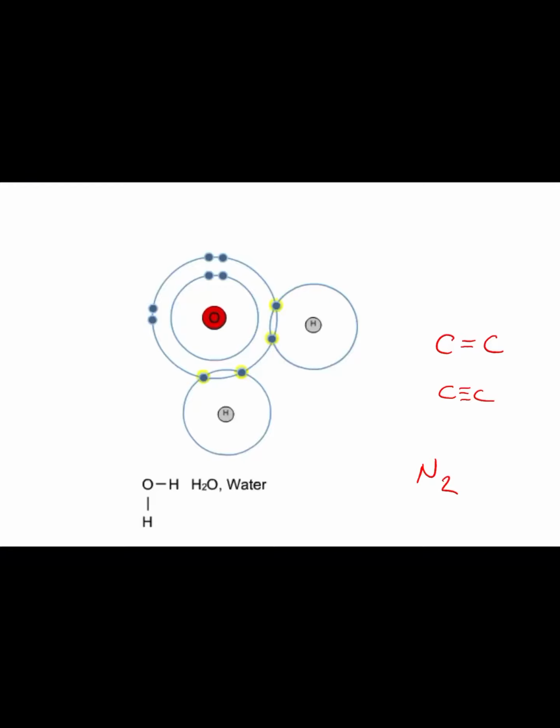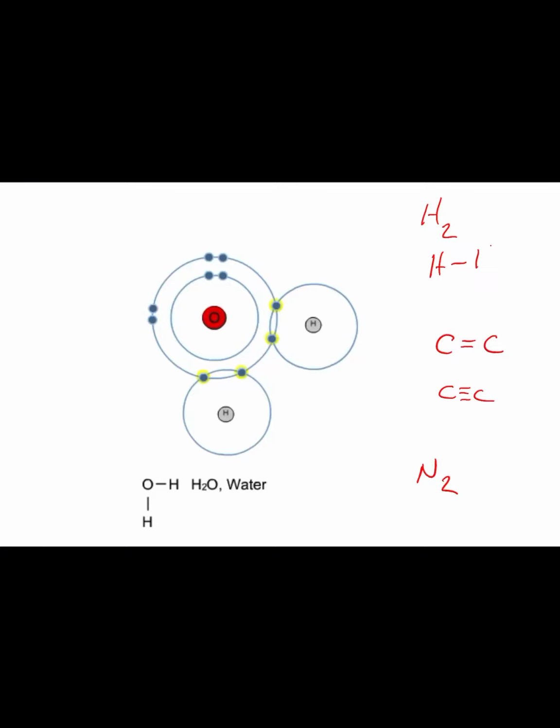Okay. So what I've shown you here, an example with carbon, or right here with water, is what's called a structural formula. So for example, let's say we have H2. Well, if I write it as H2, that's referred to as the molecular formula.